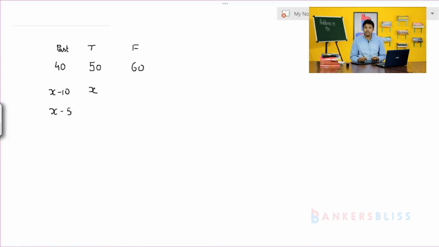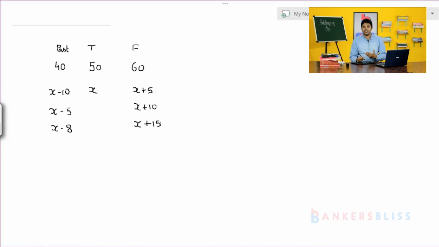Before 8 years, before means this is also past, x minus 8. 5 years hence, so future, x plus 5. After 10 years, x plus 10. After 15 years, x plus 15.